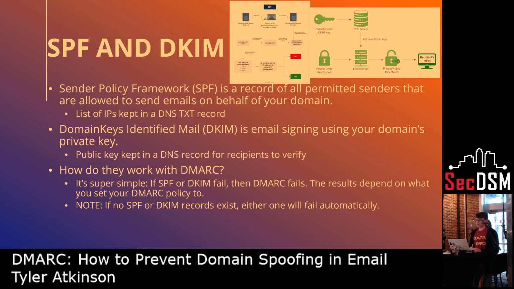The public key is kept in a DNS record for recipients to verify the authenticity of your email. As I said, if either of them fails, DMARC fails. The results depend on what you set your DMARC policy to.